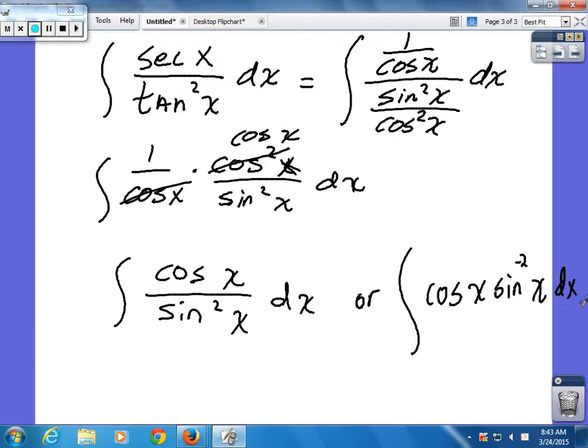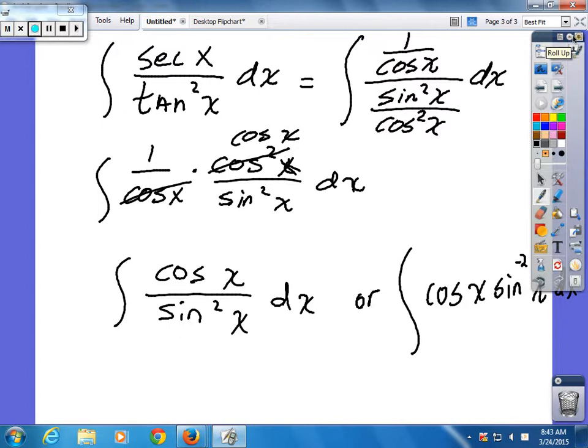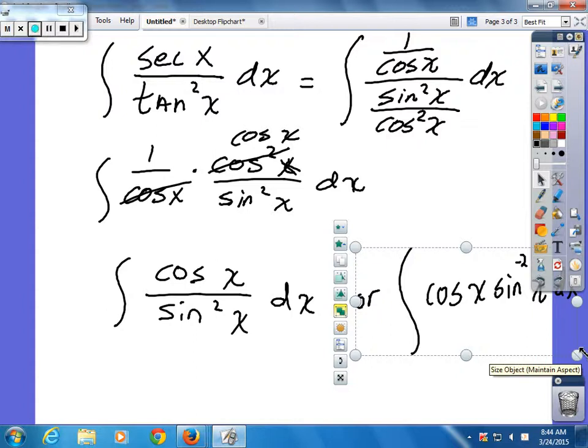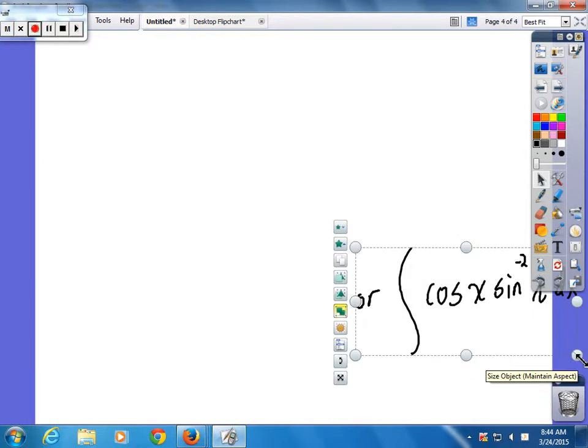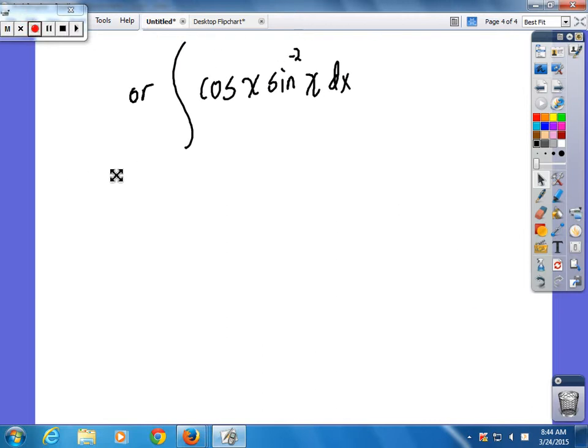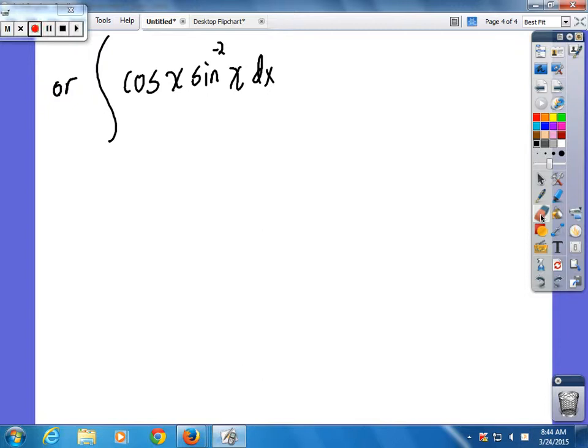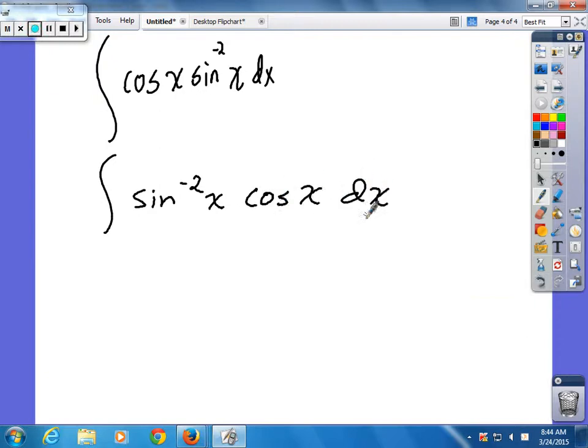And of course, you could turn that around: antiderivative of sine to the negative 2 of x times cosine of x dx, and that's u du, so that would be sine to the negative 1 of x over negative 1.